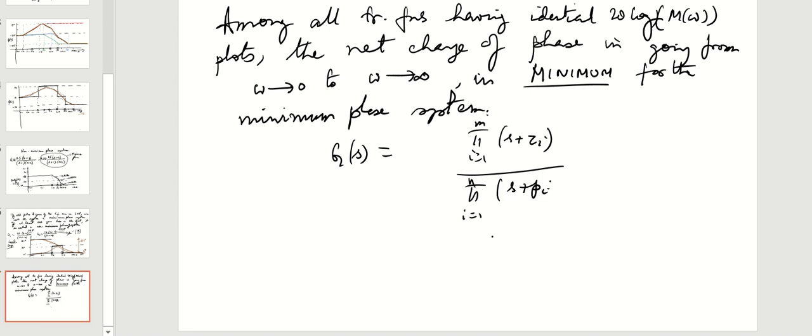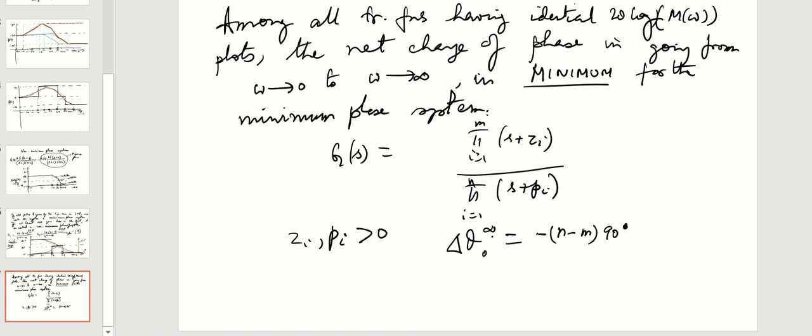Okay, so the net change in phase, suppose zi, pi are all positive, right? So the net change in phase delta theta from 0 to infinity is equal to (n minus m) into 90 degrees. We're already familiar with this sort of writing, isn't it?